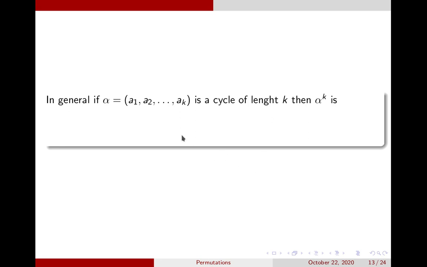And in general, if you have a cycle of length k, then alpha to the k will be the identity permutation. This is another fact that makes it fairly easy to calculate with cycles, as opposed to calculating with permutations in the matrix notation.